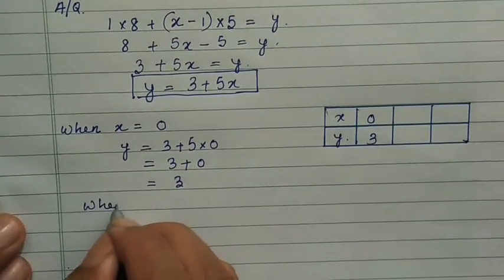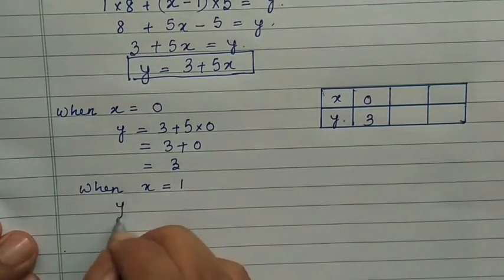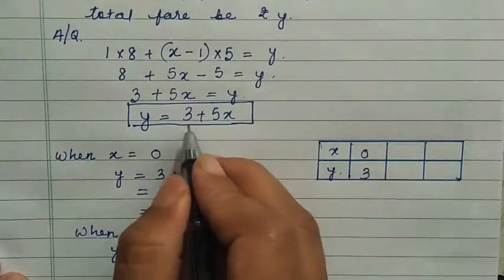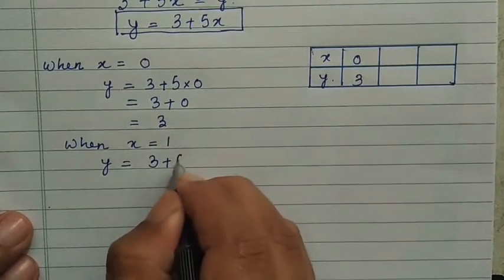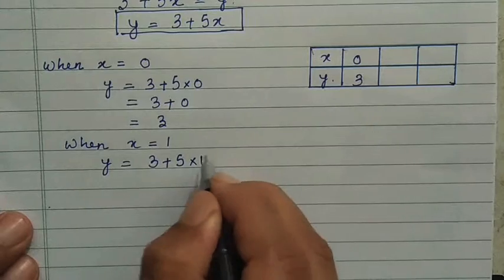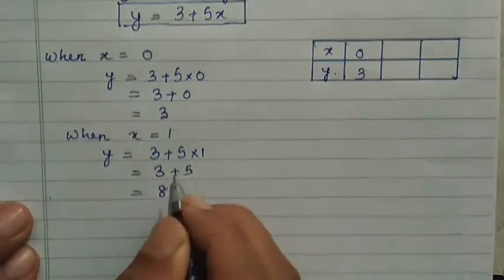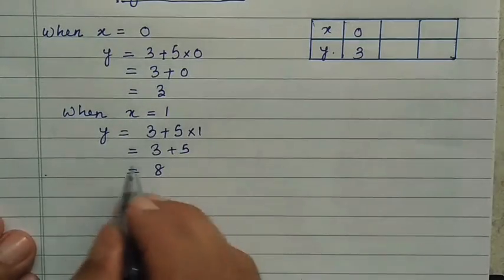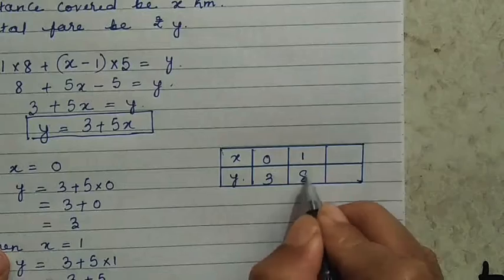When x is equal to, let's say, 1, we use the same equation: y is equal to 3 plus 5 into 1. So 3 plus 5 is 8. When x is 1, y is 8.